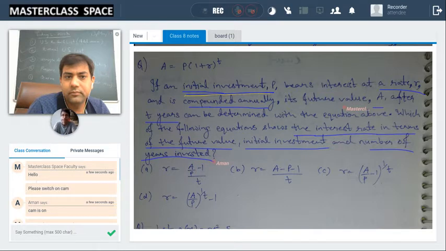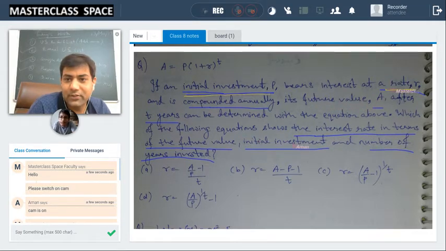So they want to know which of the equations shows the interest rate in terms of future value, and future value is A. Wait, no, you missed something. You missed this rate R. So interest rate is this one. You have to find out R as a function of all the things.